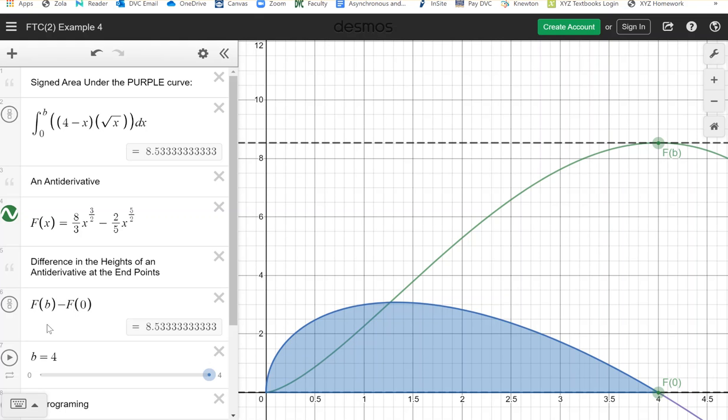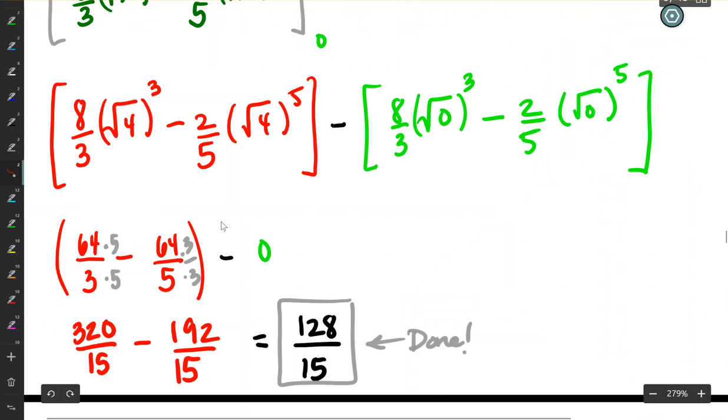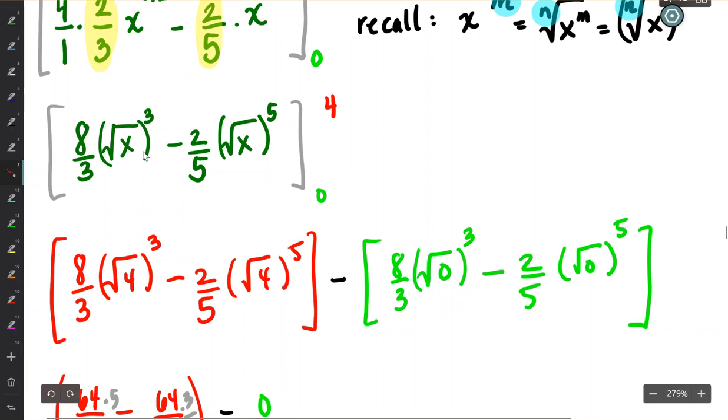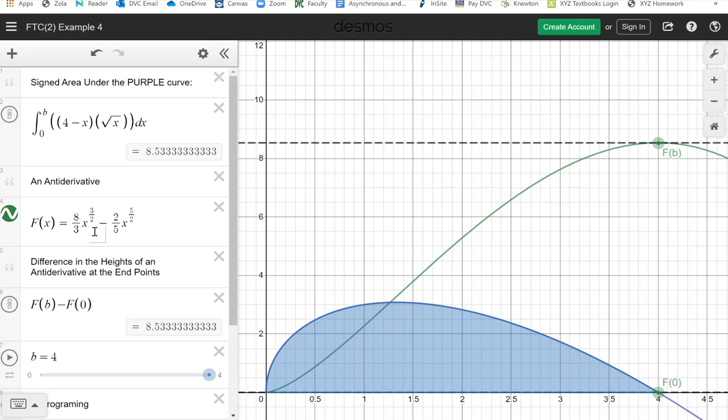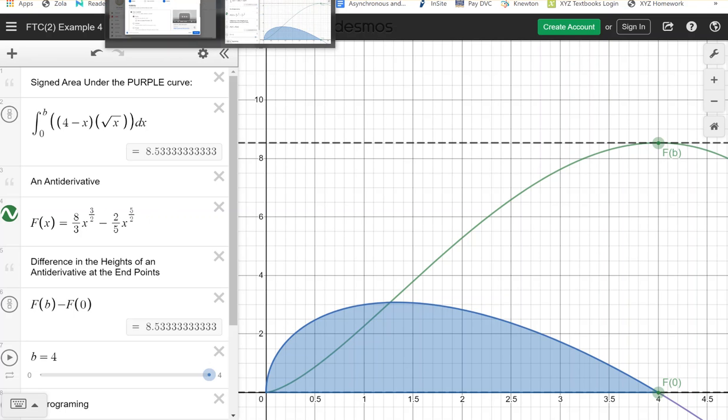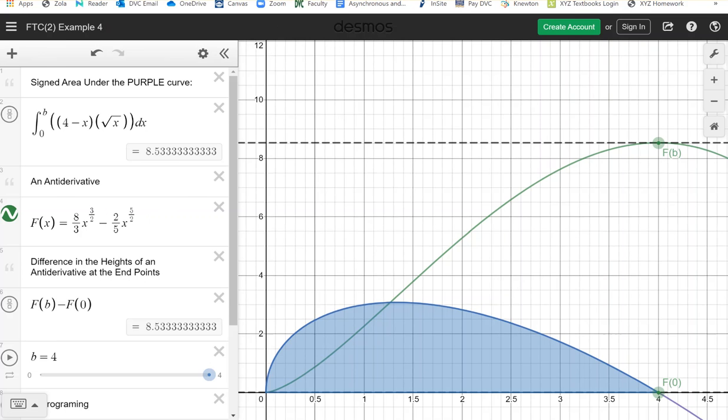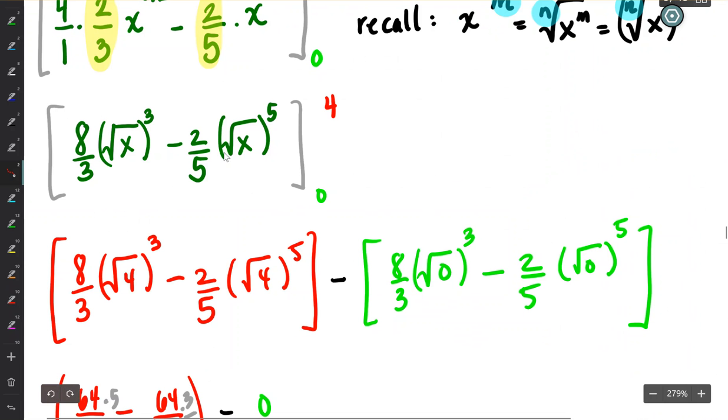Instead, because we could come up with the antiderivative function, and that is the one that we came up with, right? 8/3 x to the 3/2 power minus 2/5 x to the 5/2 power. That's what we came up with. Square root of x to the 5th is x to the 5/2 power.